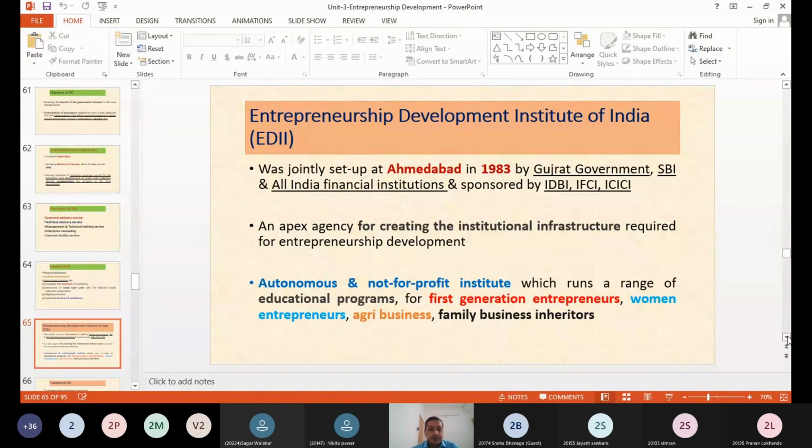It is an apex agency. Apex means head or the top agency for creating the institutional infrastructure which is required for entrepreneurship development. It is autonomous, that is self-regulated and non-profit institute which runs a range of different educational programs for first generation entrepreneurs, women entrepreneurs, agribusiness and family business inheritors.